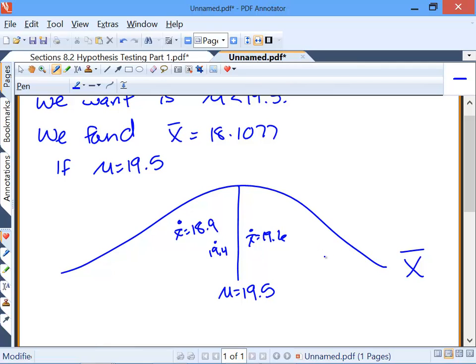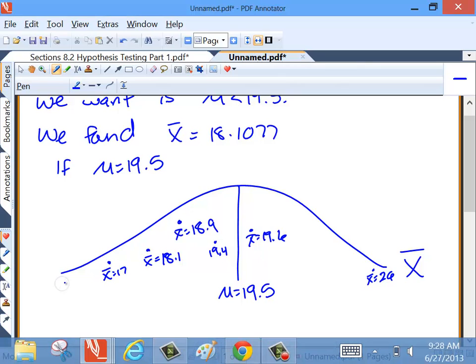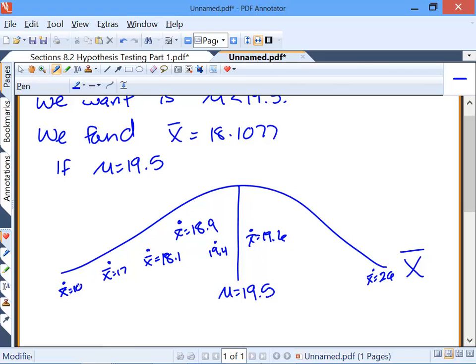Could I possibly get X bar equals 26? Maybe, but it's probably kind of unlikely. It's going to be kind of far on the tails. And maybe X bar equals 18.1, X bar equals 17, X bar equals 10, etc. Okay? And so it is possible to get all these sample means.